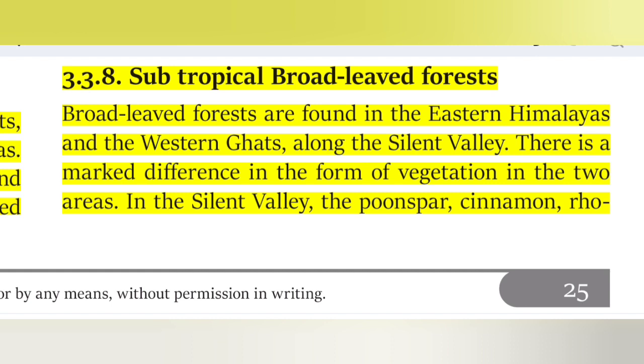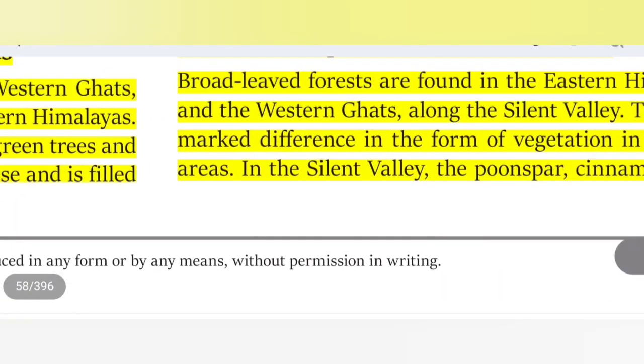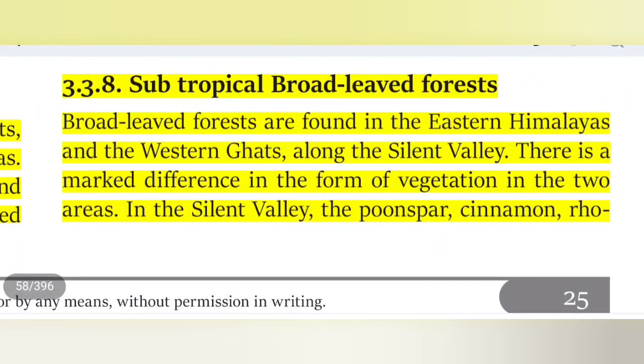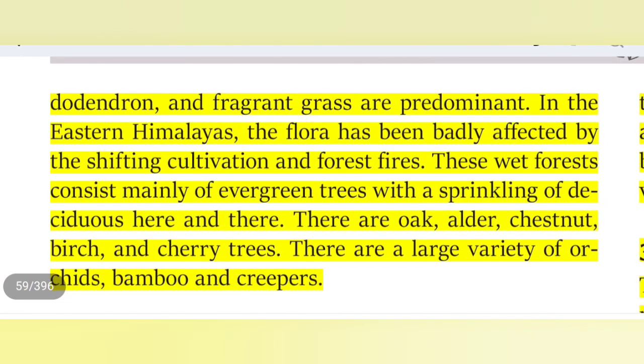There is a marked difference in the form of vegetation in the two areas. In the Silent Valley, the punspar, cinnamon, rhododendron and fragrant grass are predominant. ओके, सो साइलेंट वैली में punspar, cinnamon and rhododendron and fragrant grass are predominant.